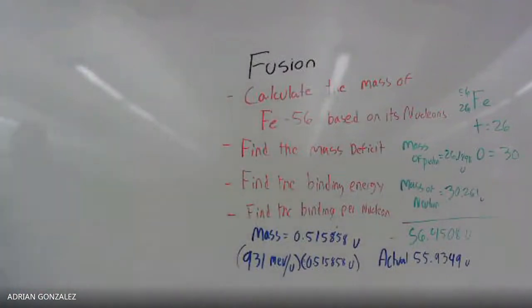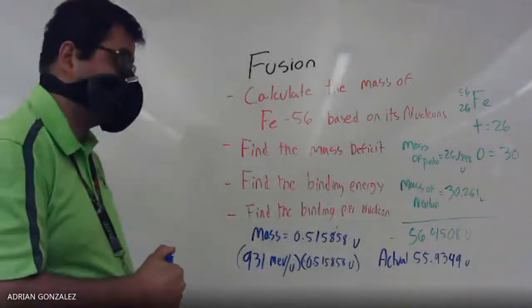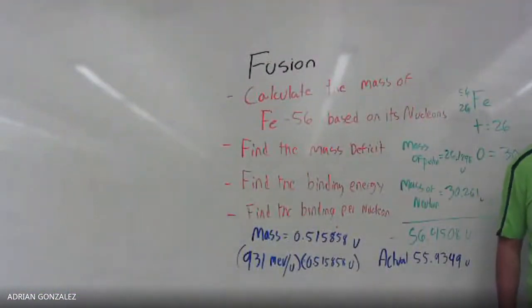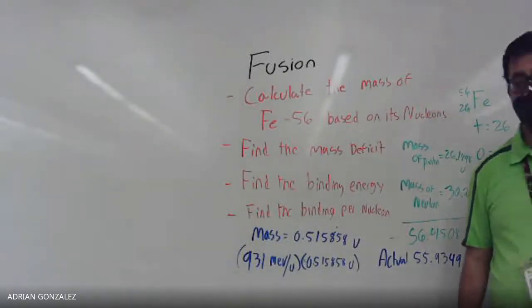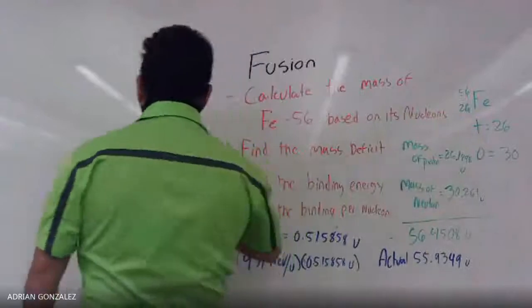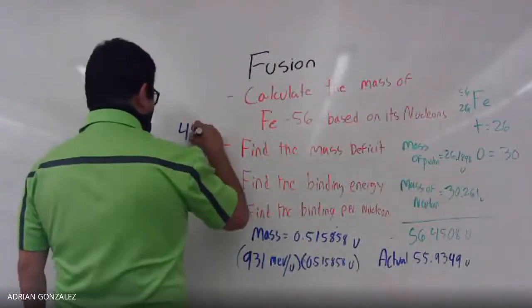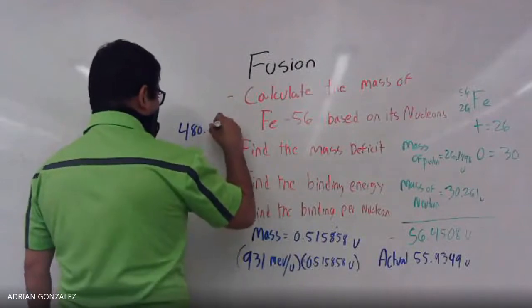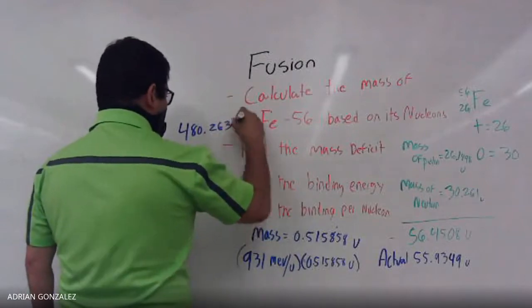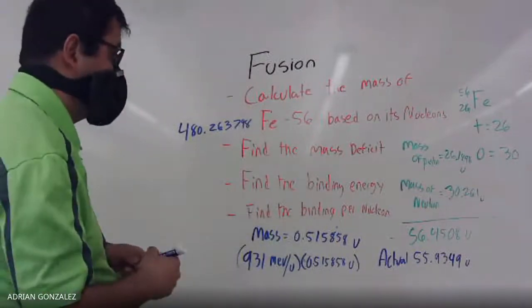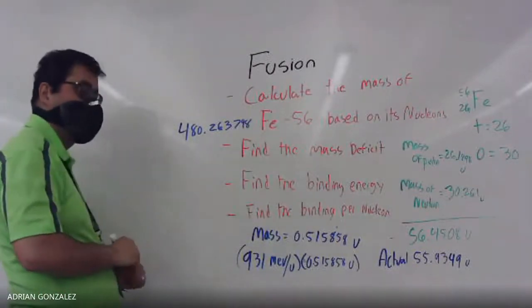What do you get? Should I give you all the decimals? Yeah, give it to me. 480.263798. Units?